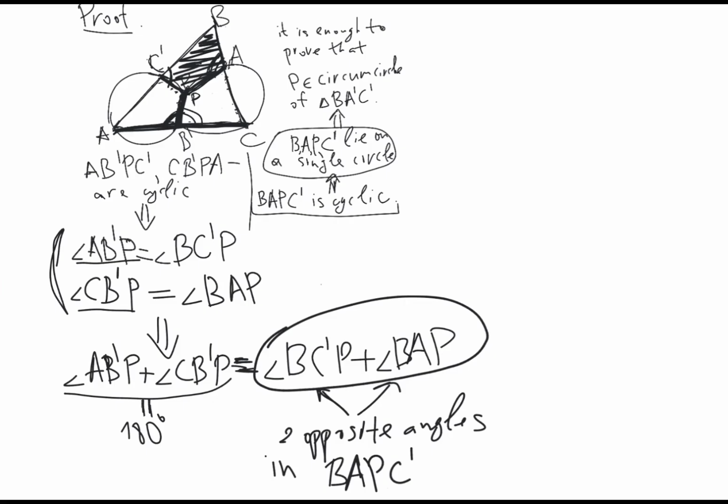But another criterion of a cyclic quadrilateral is that the sum of two opposite angles in this quadrilateral is 180 degrees. So from this fact, we conclude immediately that BAPC prime is cyclic.